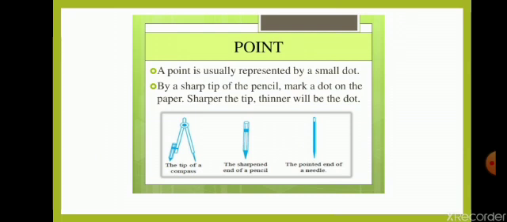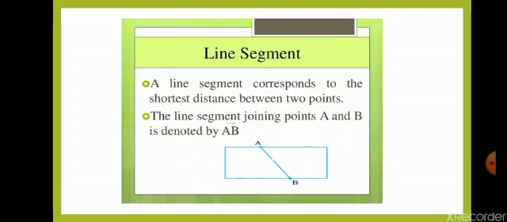Look at these three pictures. First is showing the tip of a compass, second picture is showing the sharpened end of a pencil, third, the pointed end of a needle. Okay. Now, next slide, line segment. What is a line segment?